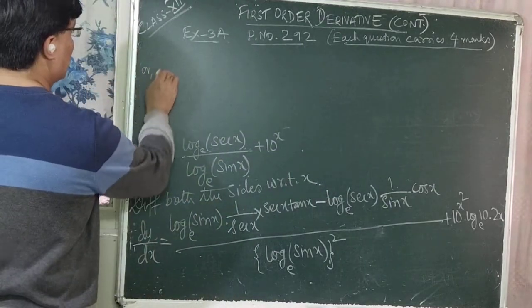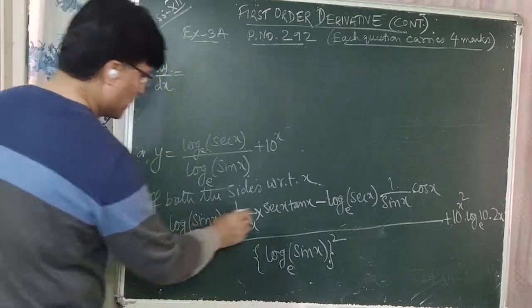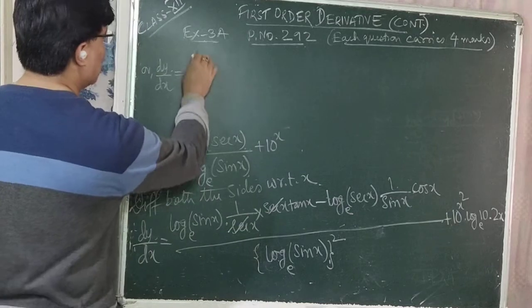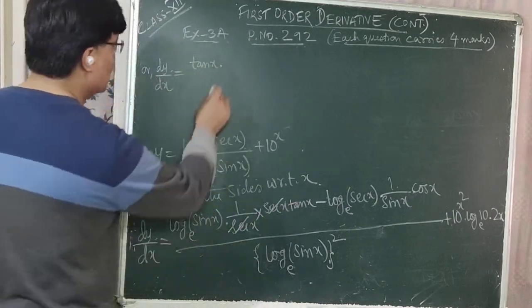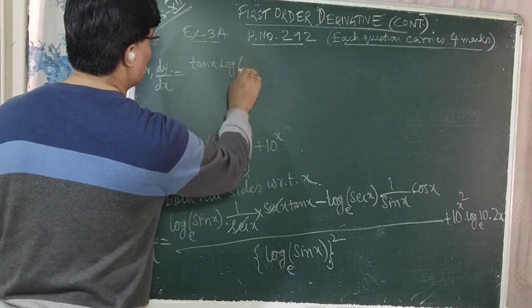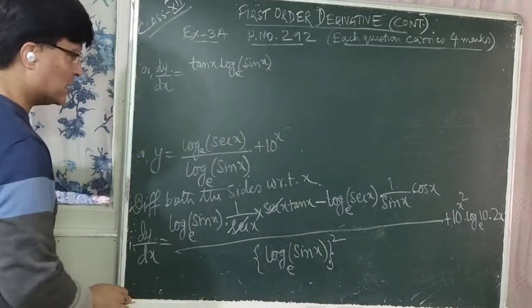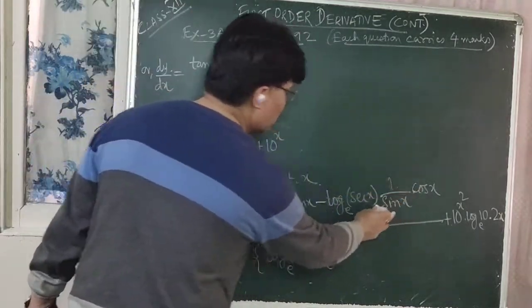So now, in the next step, dy by dx is equal to, so here sec x gets cancelled. What do we get? It is tan x. Let us write tan x first, then write down log of sin x, the base is e, then comes minus sign. What is cos x by sin x?